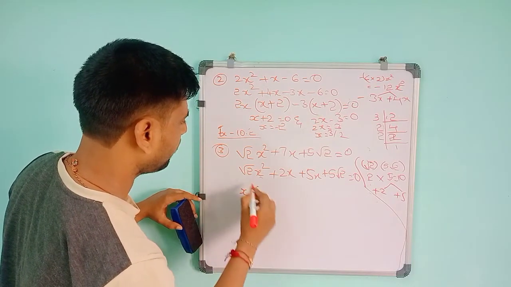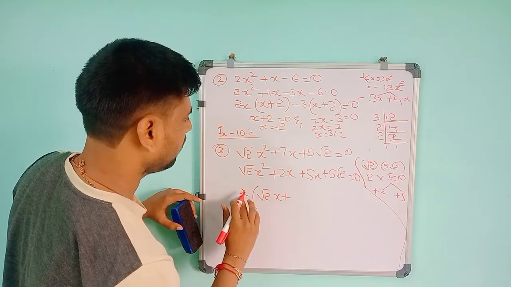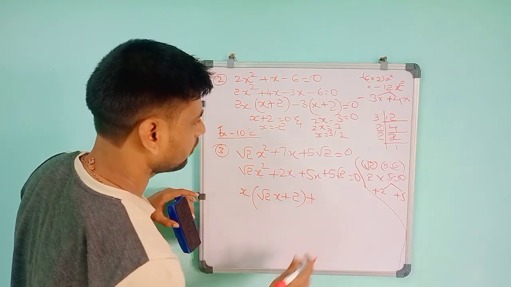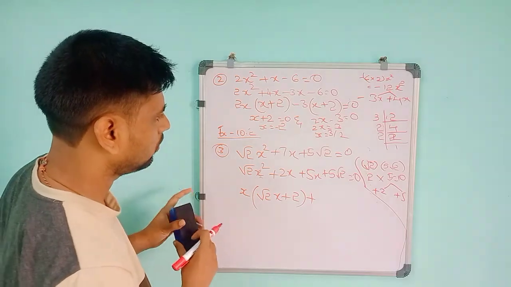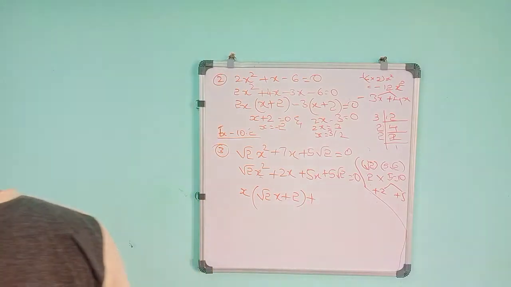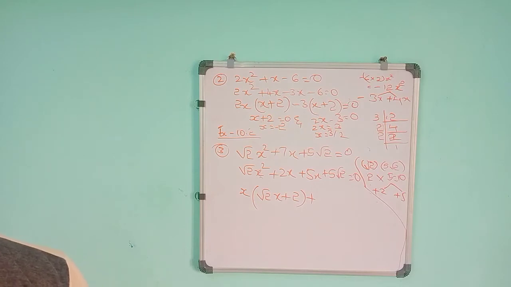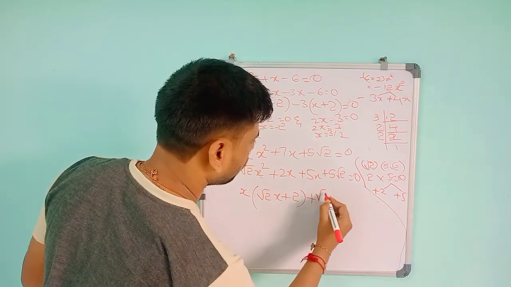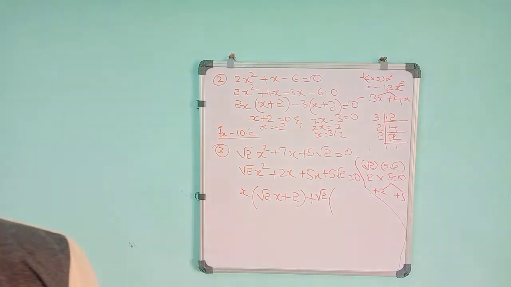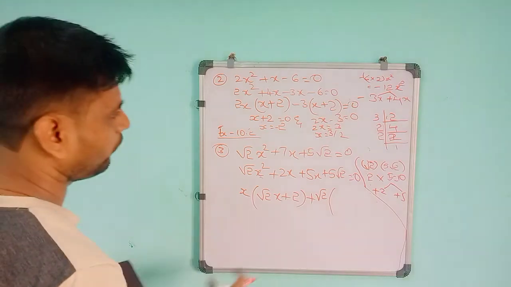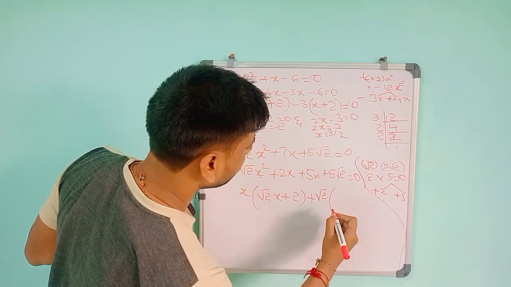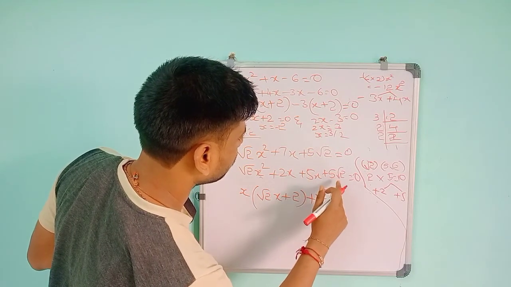H, if you take common, here root 2h plus h is there, so 2 plus... root 2 you can take common, root 2, this one will become... so if you take root 2, then remaining plus 5x plus 5 root 2.